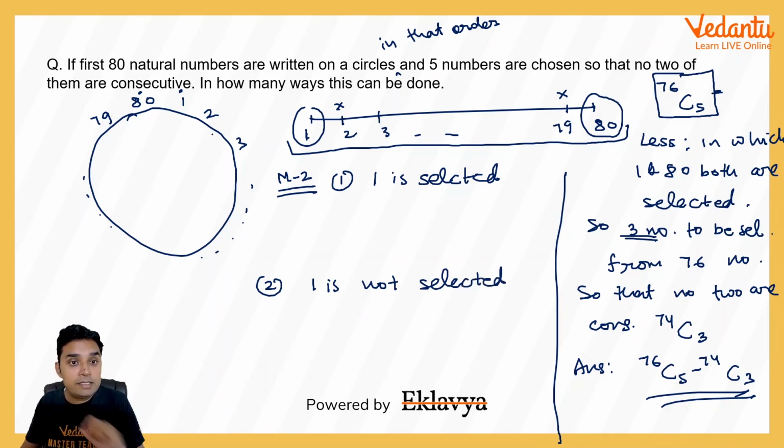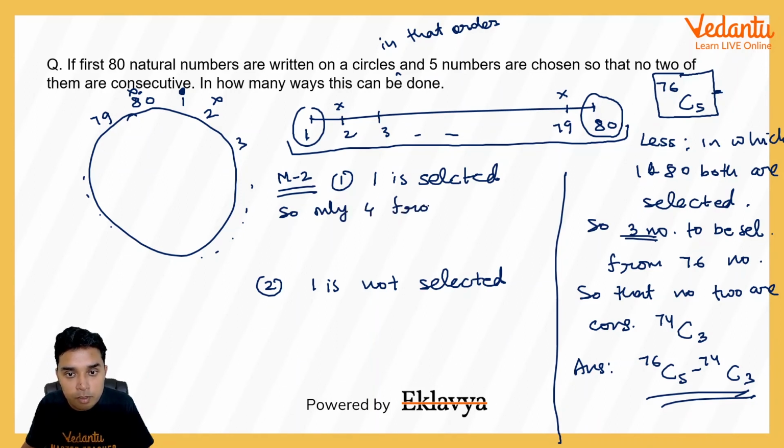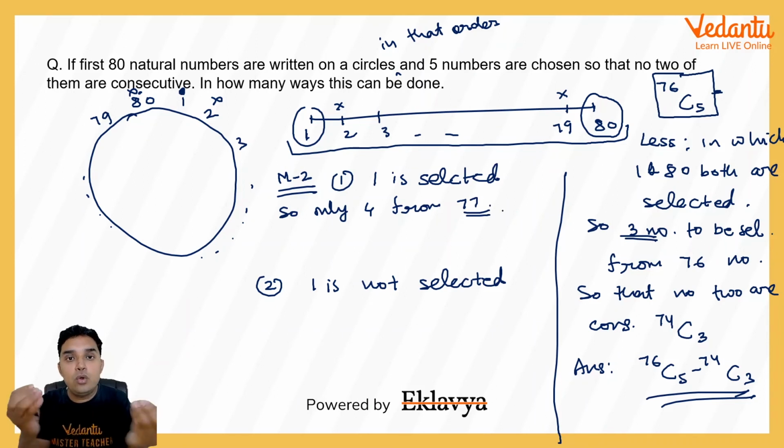If 1 is selected, you all understand 2 will not be selected and 80 will also not be selected. So this will be similar to our previous question, only 4 from 77 to be selected with the same condition that no 2 are consecutive.